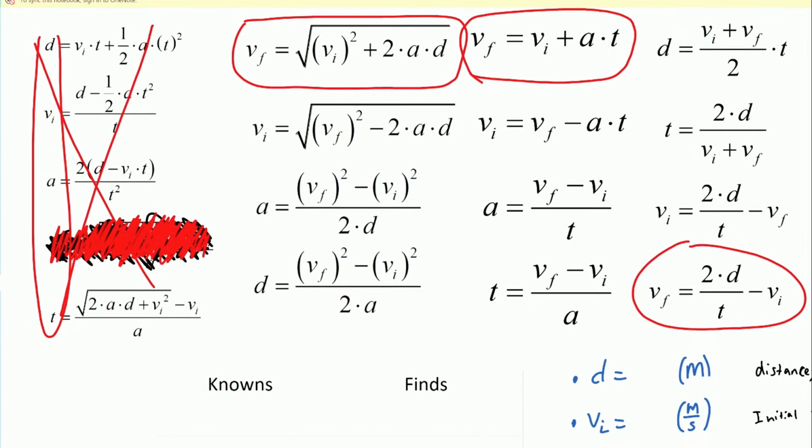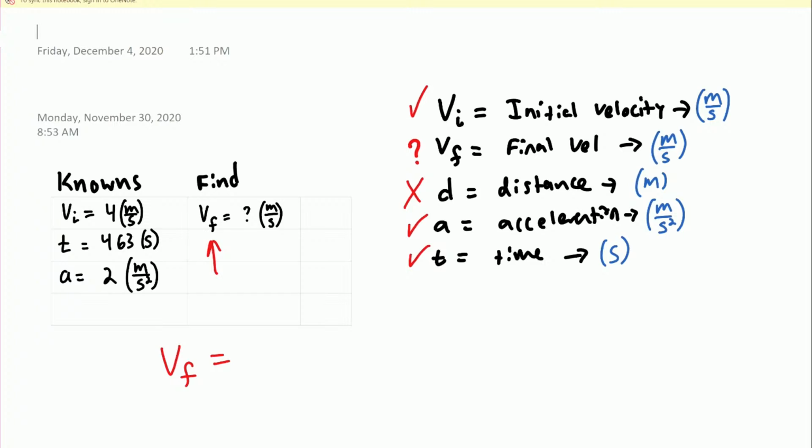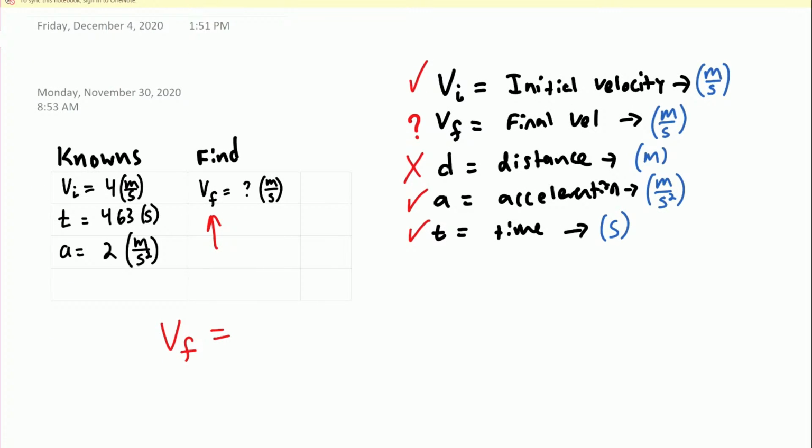Now, out of those 3, I can cut it down even more. I can only have v sub i, t, and a on the right side of that equation.